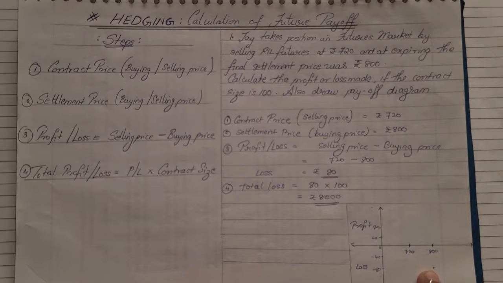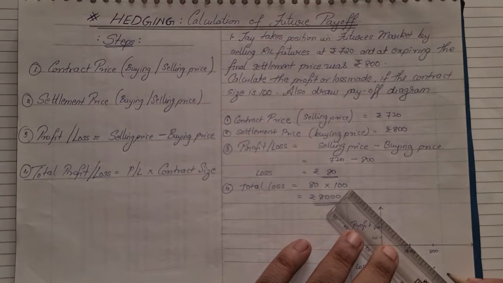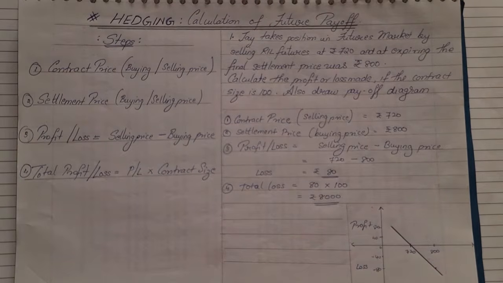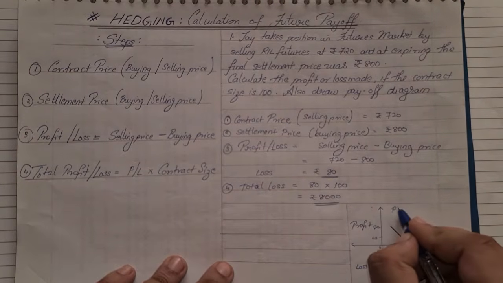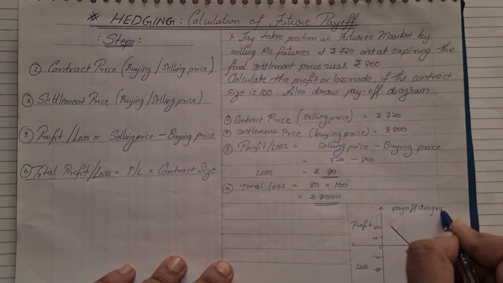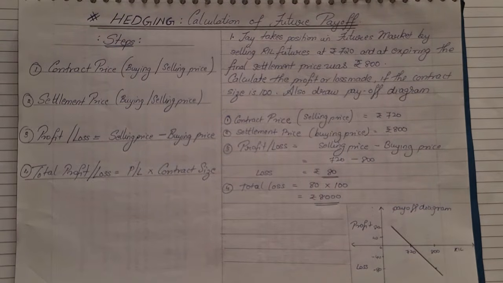From the dot where I have marked the loss on the settlement date, we draw the line passing through the contract price. So here is our payoff diagram done. This was based on Reliance future, so this is my Reliance future. This is how we have to draw the payoff diagram.